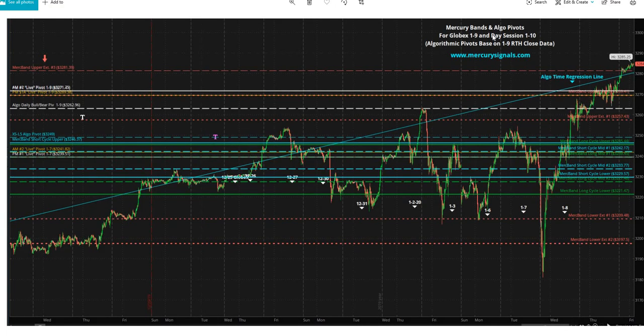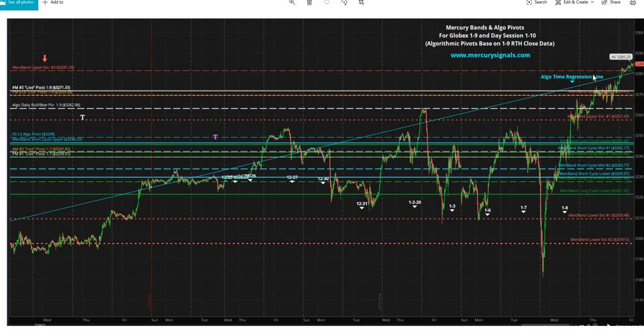So this is when this was released. It's on Twitter. I put it out between 2 and 2:30 a.m., just before the European market opened on Friday. And you can see at that time, this was coming in just a tad above 3280. You also see that it had confluence with this extremely overbought Mercury band upper extension number 3 at the same price.